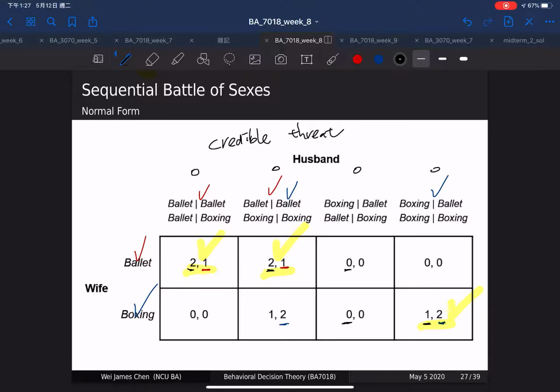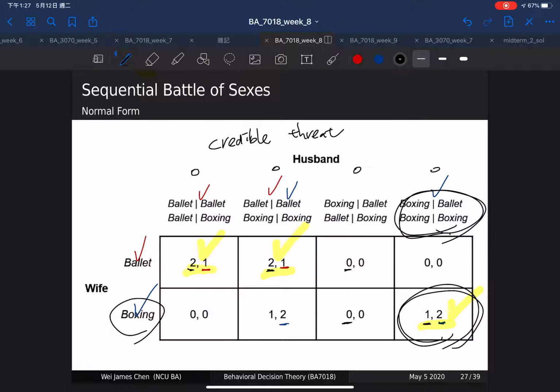So here, for example, this one. Not that one. This one is more obvious. The other one as well, but I will talk about that one later. This one is clearly a threat. Translated into English, the husband is using this strategy.